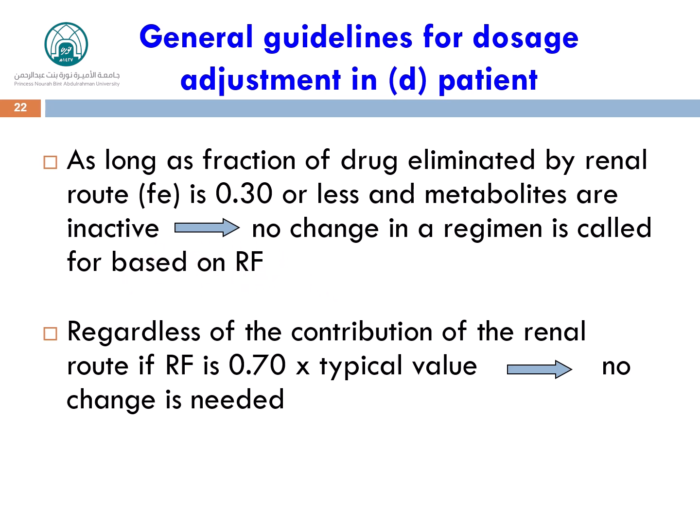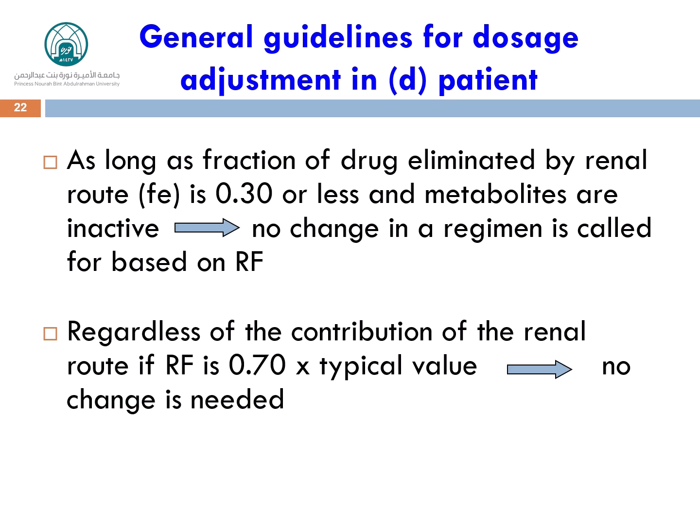So if the fraction of drug eliminated by the renal route is 0.3 or less, in other words, 0.7 of the drug is eliminated by other than the renal route, non-renal, so no need for dose adjustment. Plus, the metabolites are inactive, they do not have any pharmacological activity.